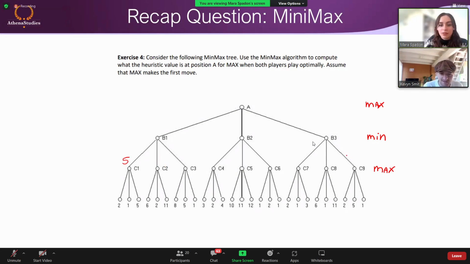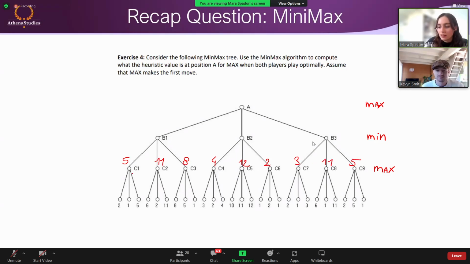And then just continue. Then what will we get? 11. And 8, 4, 12, 2, 3, 11, and 5.